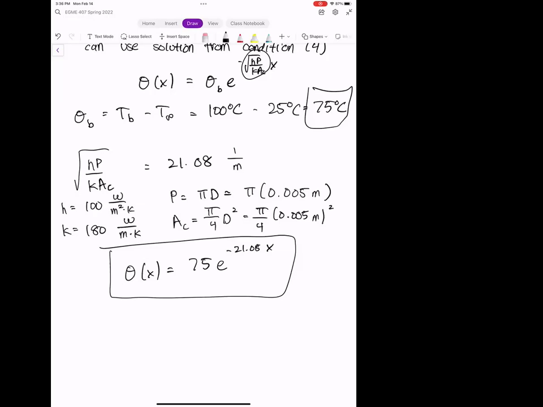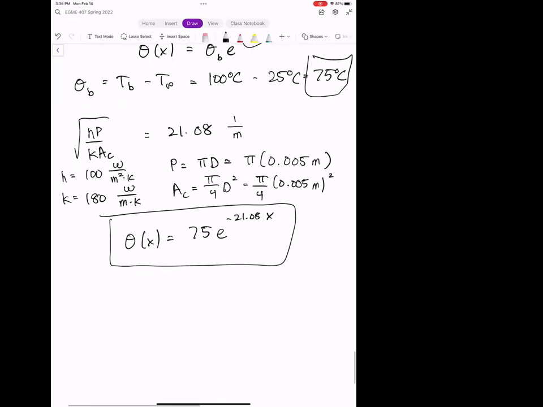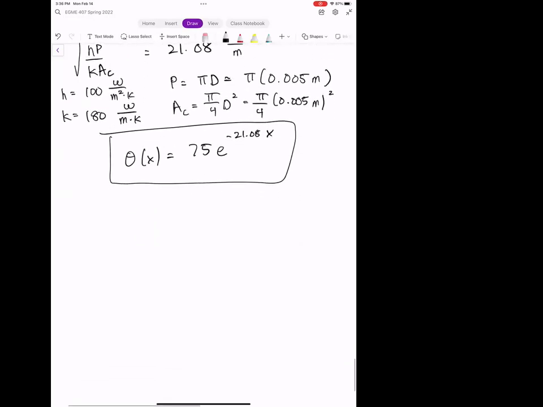Okay. All right. So one thing I forgot to cover is how can we compute the total amount of heat loss from the fin? Okay. So we can do that here as well.